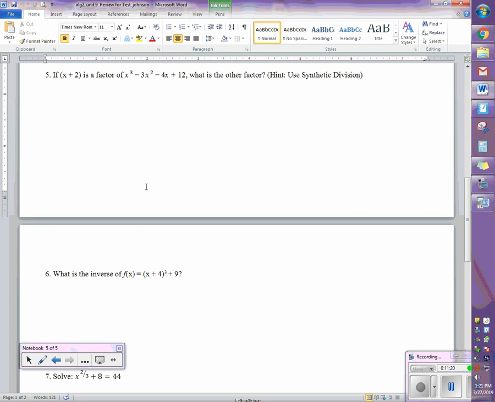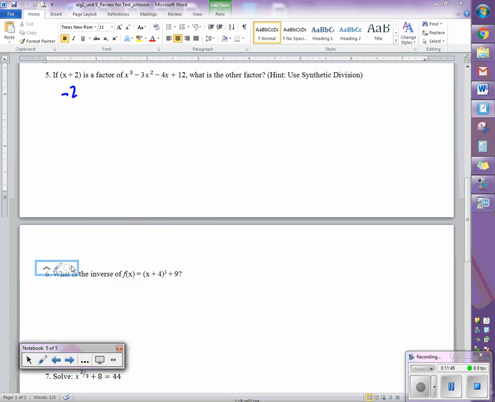Five says if x plus 2 is a factor of x cubed minus 3x squared minus 4x plus 12, what is the other factor? So we're going to use synthetic division with a -2 outside because it says plus 2 is a factor. So that means when you take the 2 out, it becomes negative.